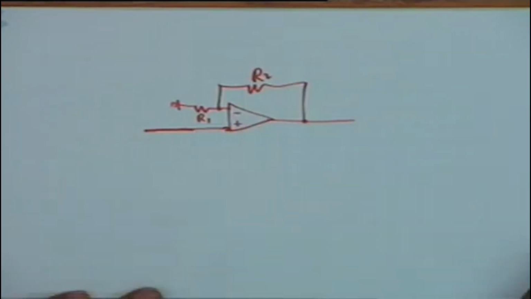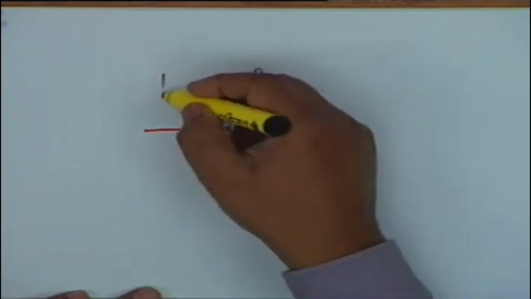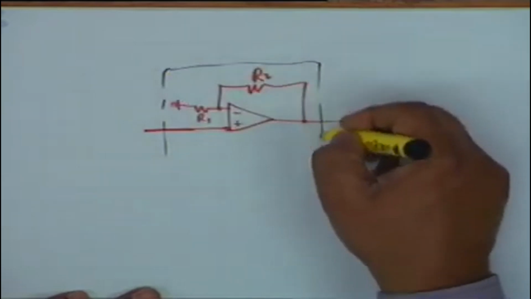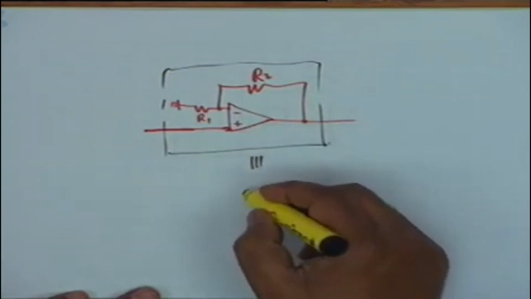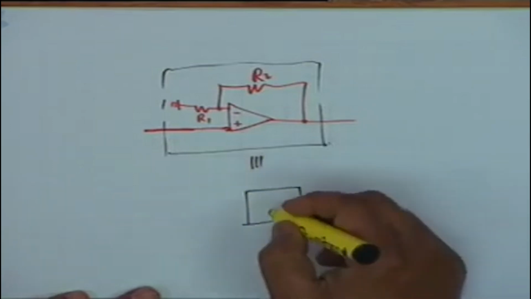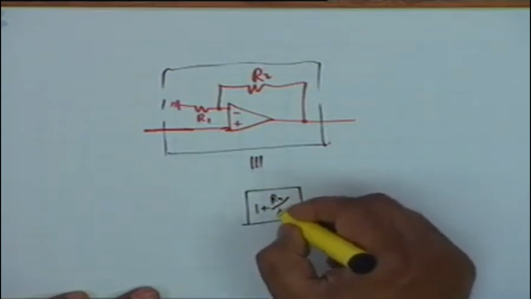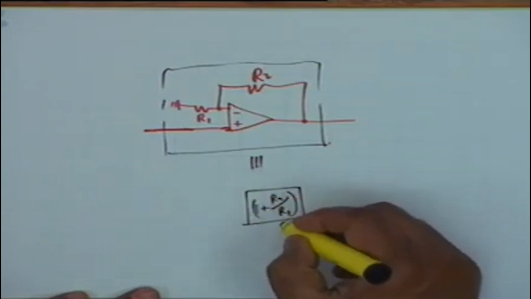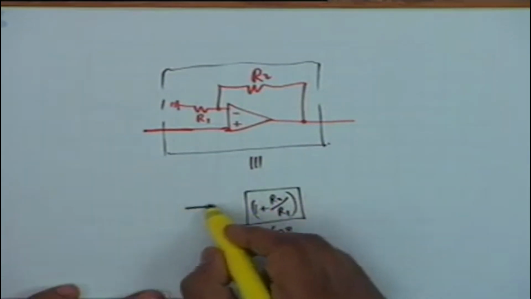I want to make this into an oscillator, and one of the ways, you see this block is equivalent to an amplifier of gain 1 plus R2 by R1, and the phase shift is 0 degree because it is non-inverting. What is the input impedance?